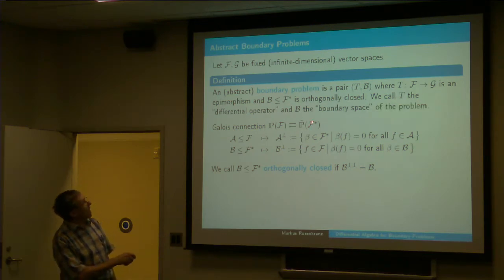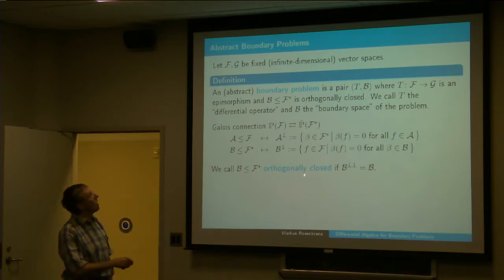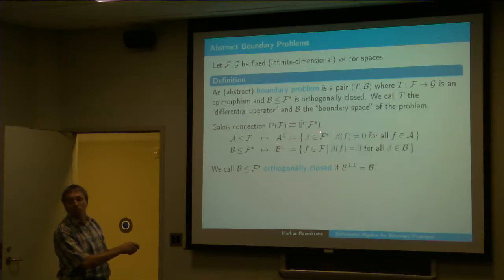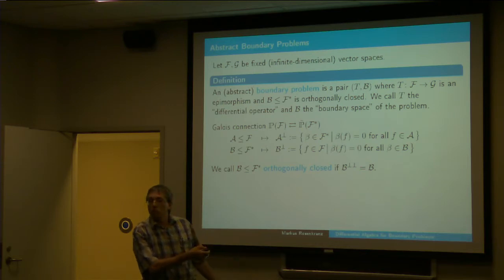And if you restrict the right-hand side to these orthogonally closed subspaces, and those are the only ones that are really relevant for applications, then that's a bijection. The same thing in geometry. In geometry, what are the orthogonally closed objects? What do you think?